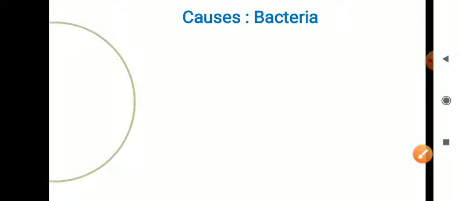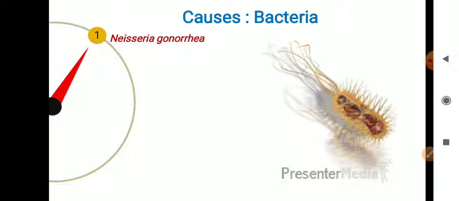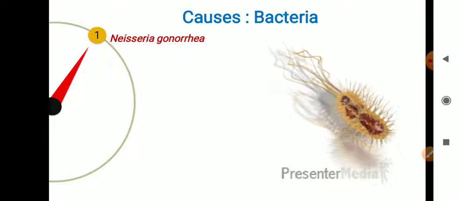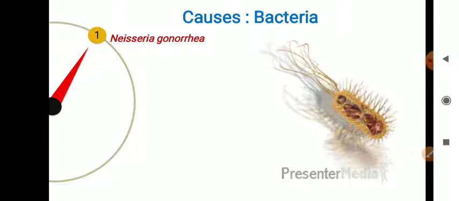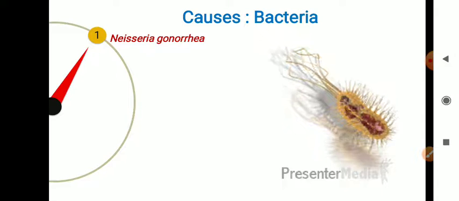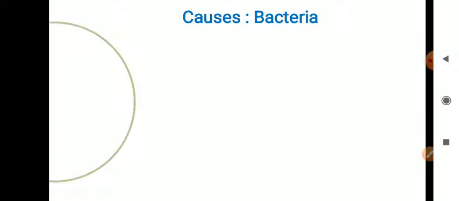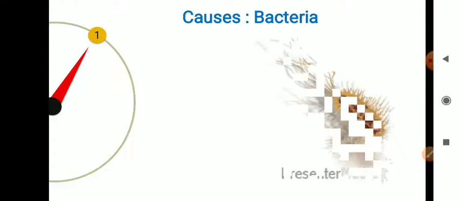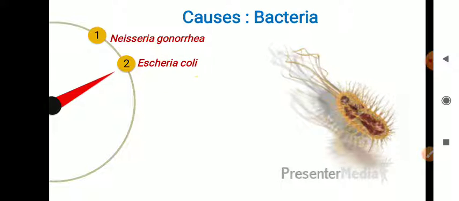Next we will see the causative agents of orchitis. First causative agent is bacteria. There are many bacteria responsible for causing orchitis. First one is Neisseria gonorrhoeae. Second one is Escherichia coli.